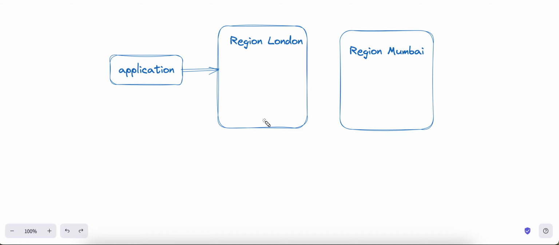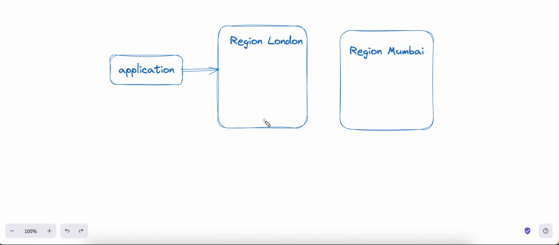Let's say the application has users from all over the world, then they generally deploy the application in all the regions of the world, like let's say London for European users, for all the Asia specific users they deploy it in Asian regions like Mumbai, or there are lots of other locations that are available, then US east, west.